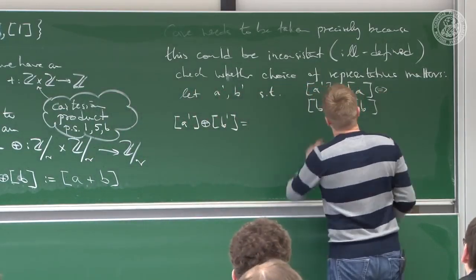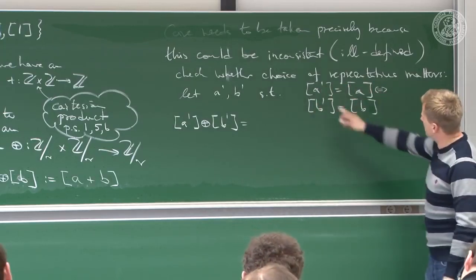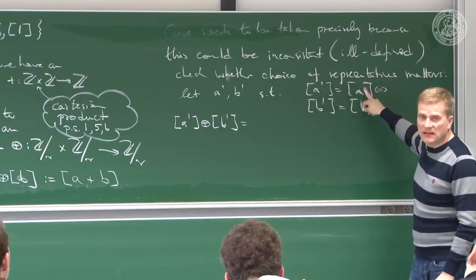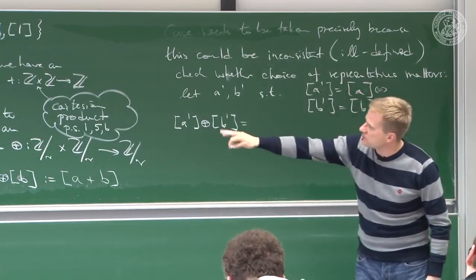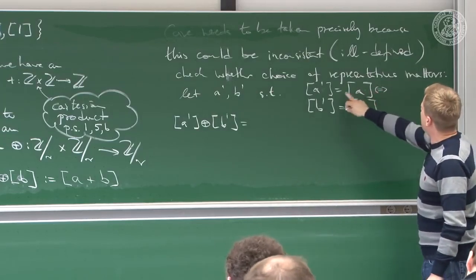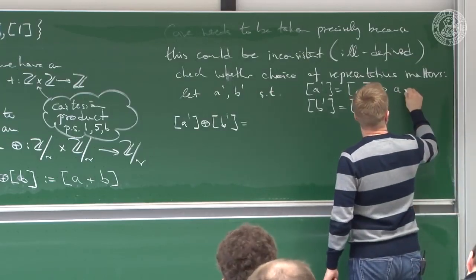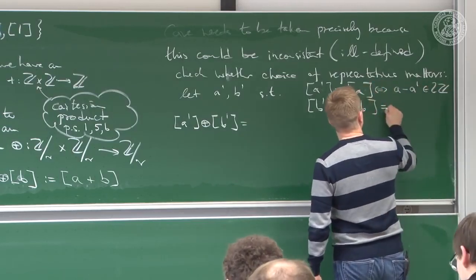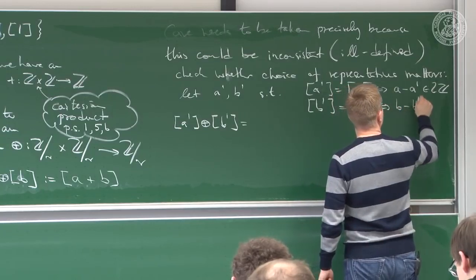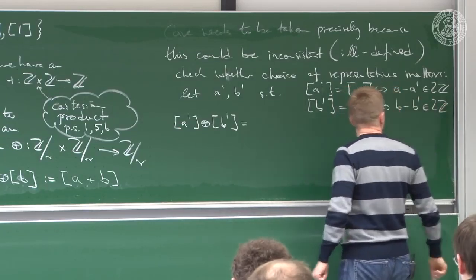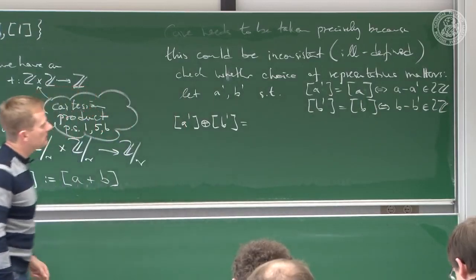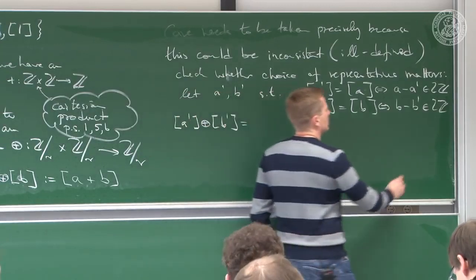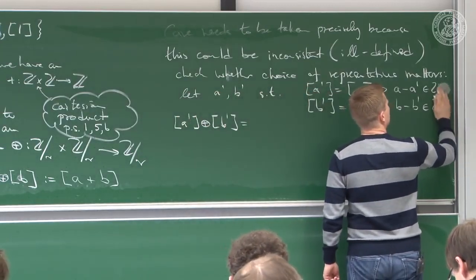If A prime represents the same class as A, that means certainly A prime needs to lie in this class because of property 1 we had before. And then that means that the difference between A and A prime must be in 2Z. And here's the same. If B prime is supposed to represent the same class, then B minus B prime also lies in 2Z.